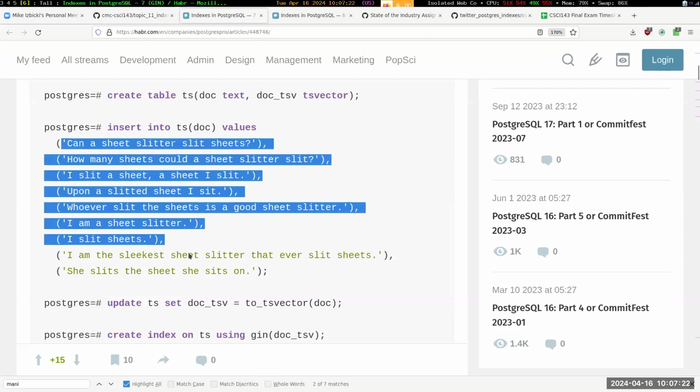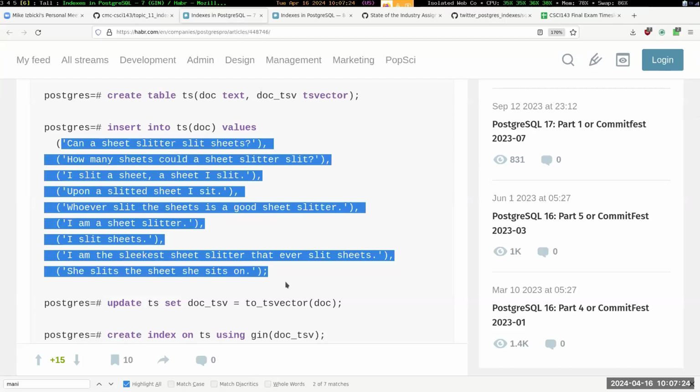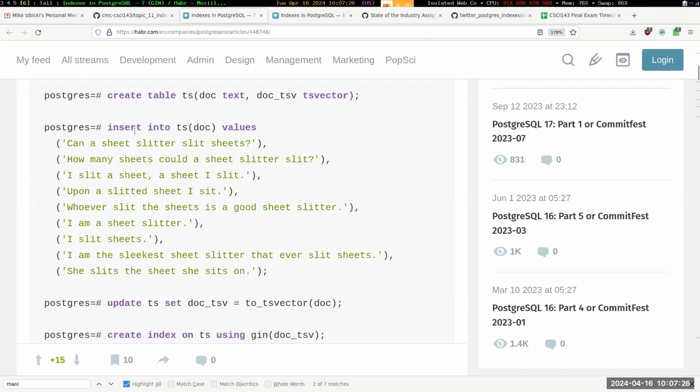This is the actual documents that we will be searching through. Notice that in this insert over here, they're not inserting anything into this TS vector column. They're only inserting things into the document column. We know that because in this list of columns right here, it only contains document and it does not contain TS vector.